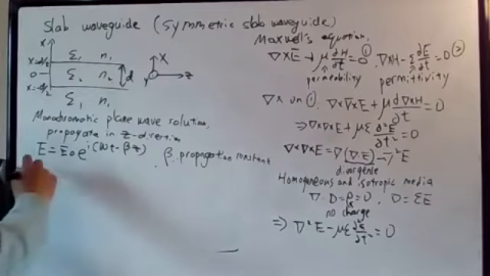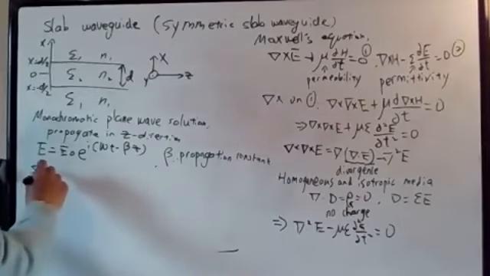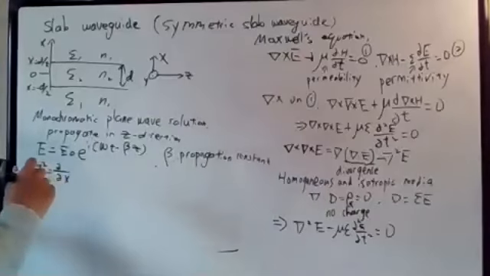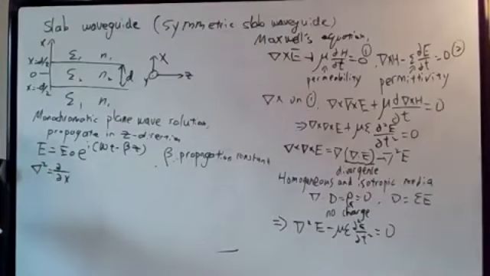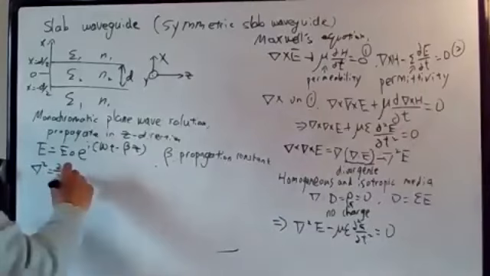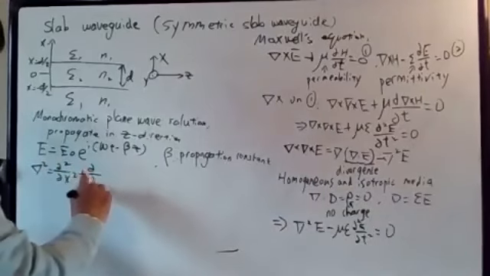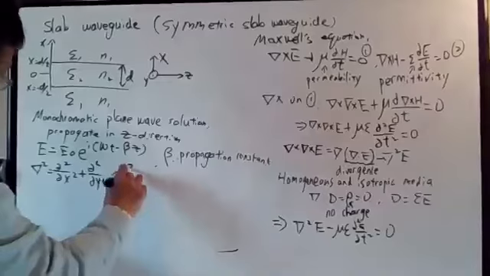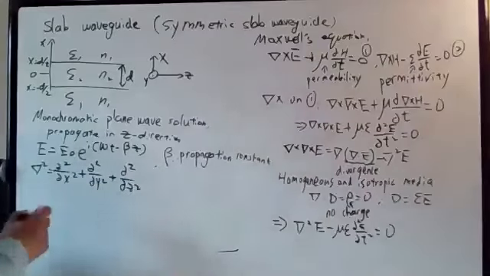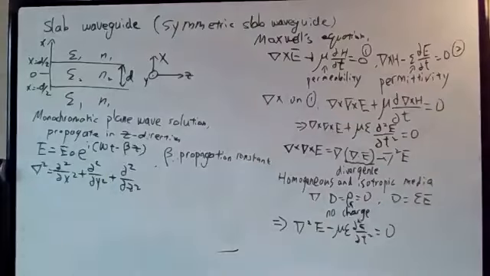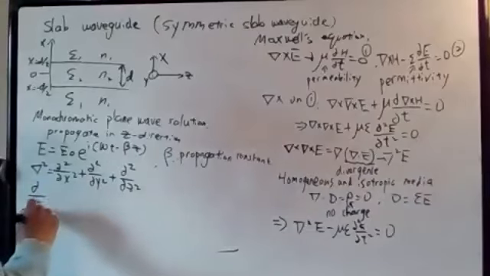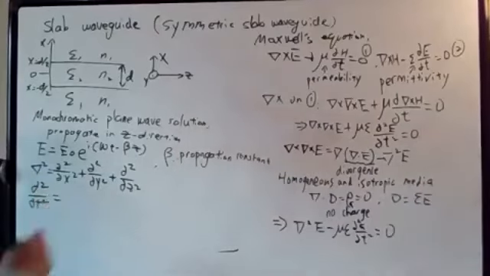Now this Laplacian operator is the second derivative in x, plus the second derivative in y, plus the second derivative in z. And then let's look at the second derivative of E with respect to t.